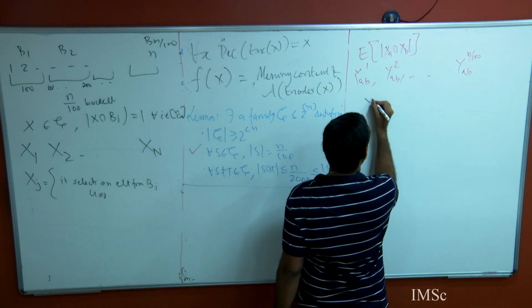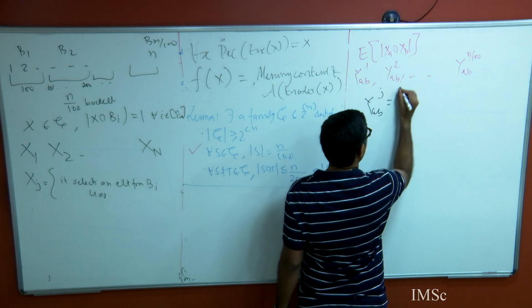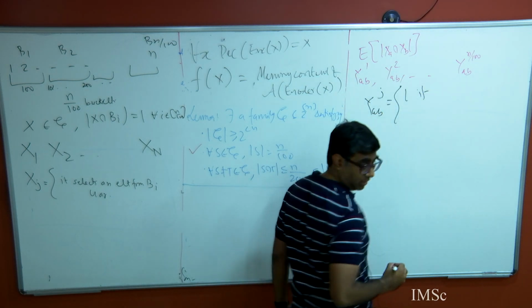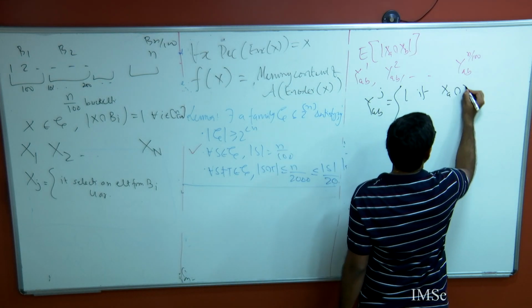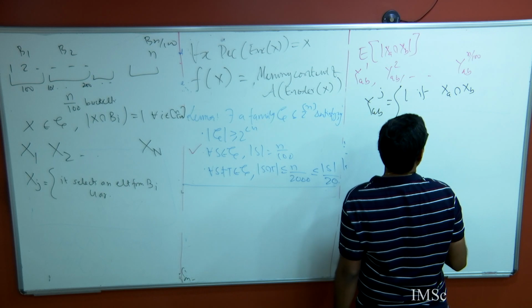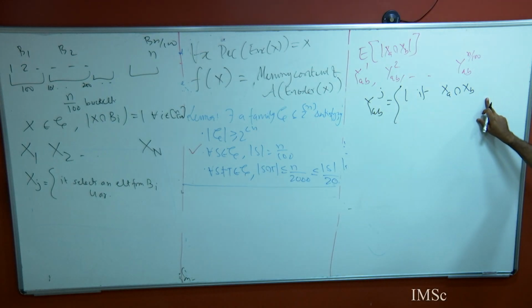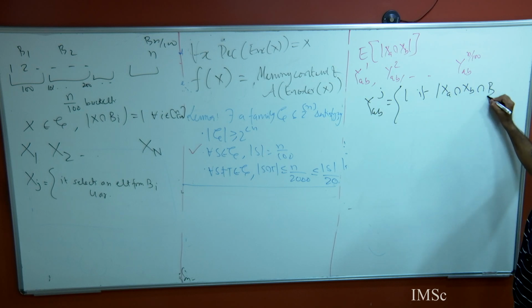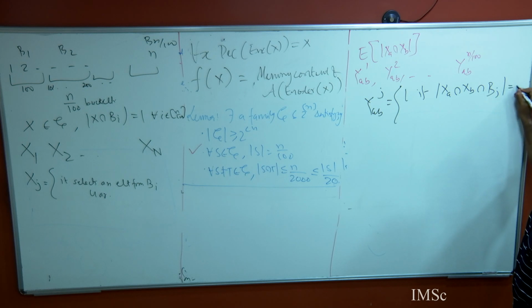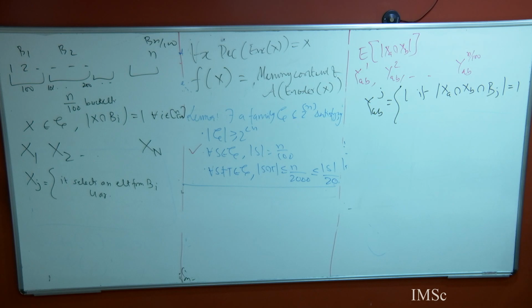Y_ABJ is 1 if XA intersection XB intersection BJ is 1. So if they intersect in the jth bucket, then I put 1, otherwise 0. Because anyway they are going to pick one element there, so the intersection is going to be 1.